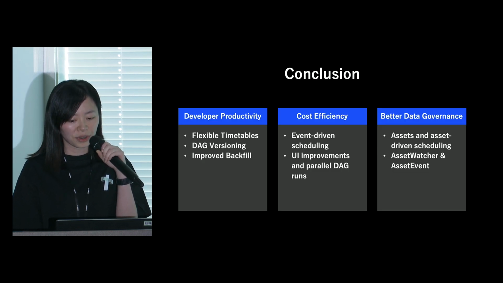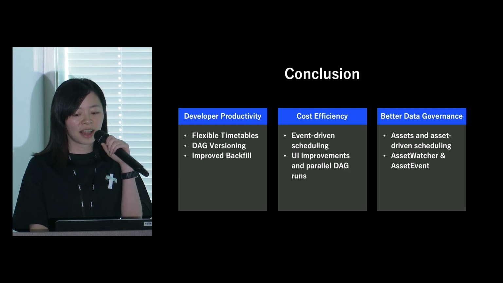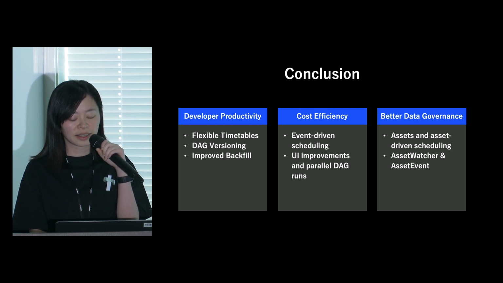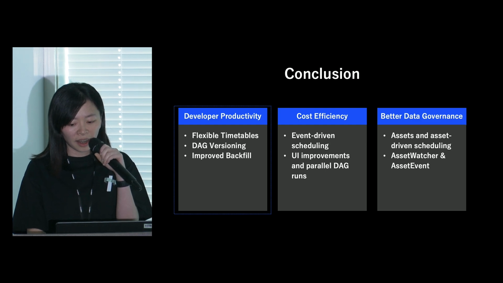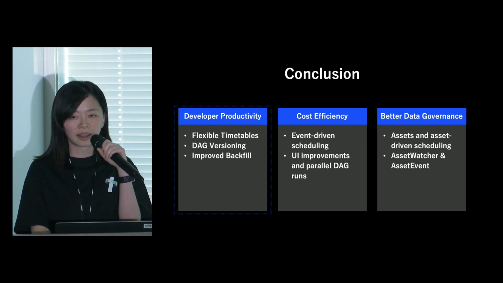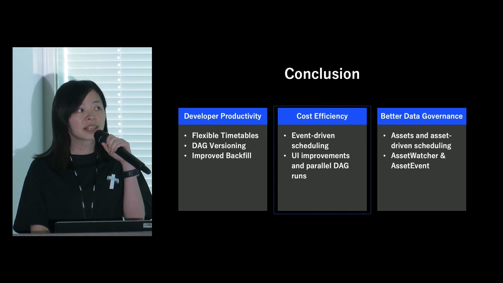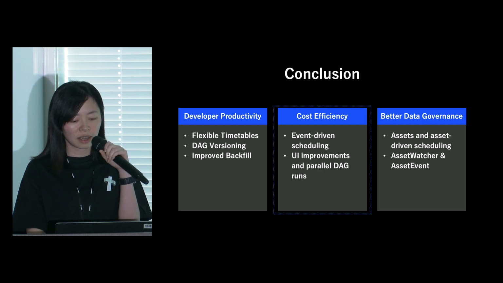Let's highlight the top 3 improvements in Airflow 3. First, developer productivity. Flexible timetables and DAG versioning simplify workflow management. Improved backfill speeds up reruns of historical data. Second, data efficiency. Event-driven scheduling reduces unnecessary runs and saves computing resources.